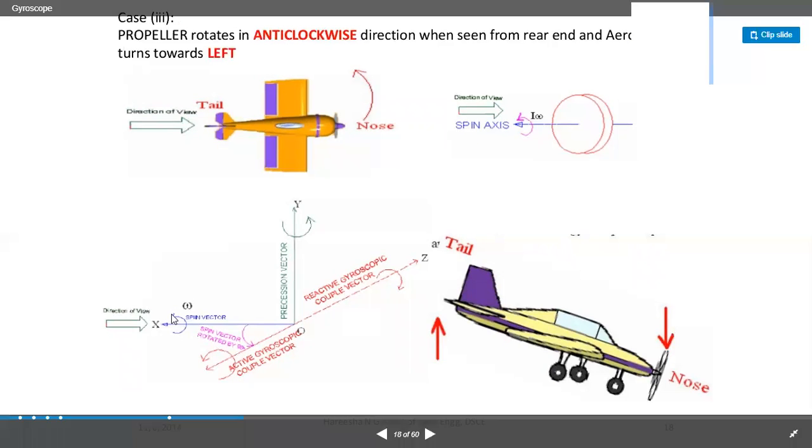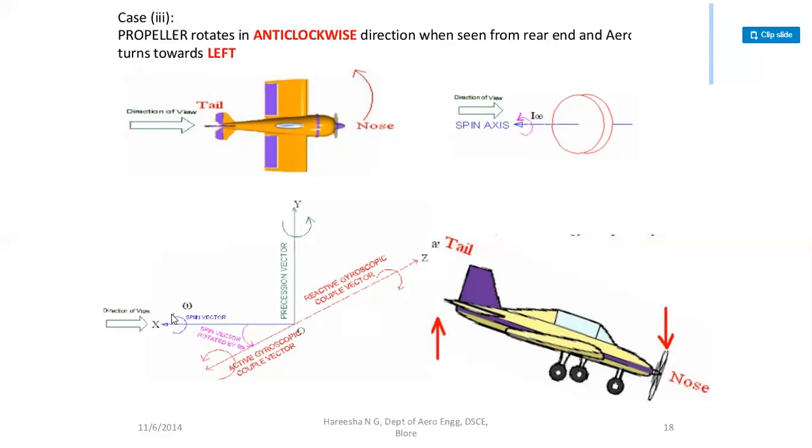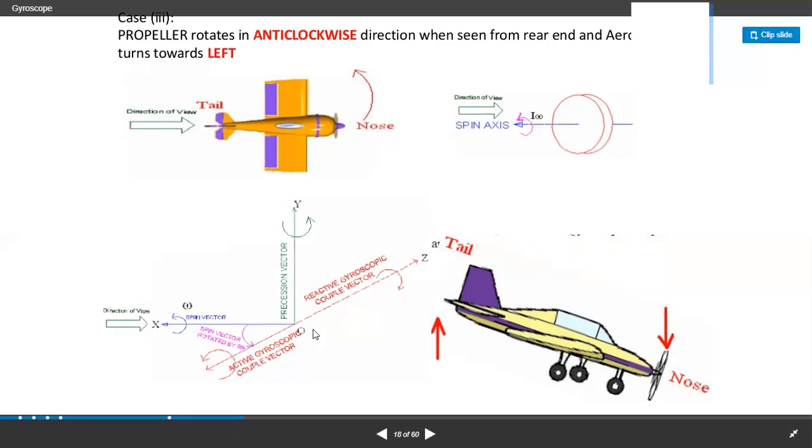So the finger shows the gyroscopic couple vector, and the direction of the hand denotes the precession vector. Now the direction of our finger shows the active gyroscopic couple vector, and the opposite direction, or you can say the opposite axis z, shows the reactive gyroscopic couple, right?